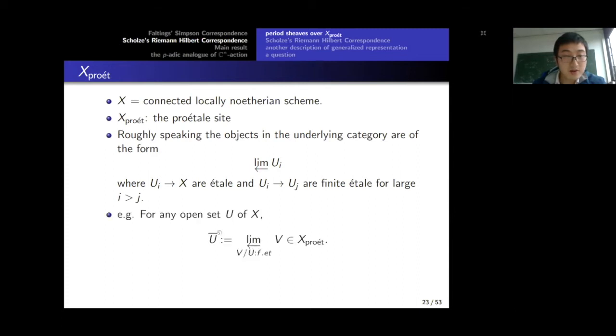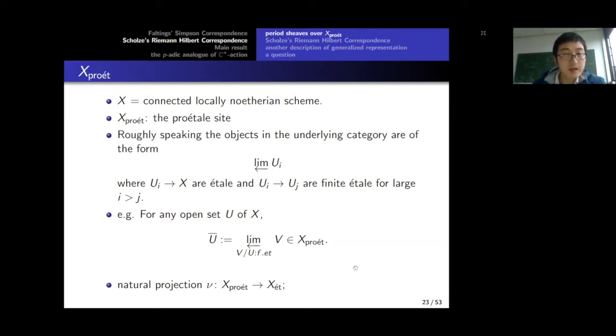For example, for an open set U of X, we can define U bar, which is the limit of V running over all finite étale covers of this U, which is an object in this pro-etale site. And one has a natural projection nu from X pro-etale to X étale.